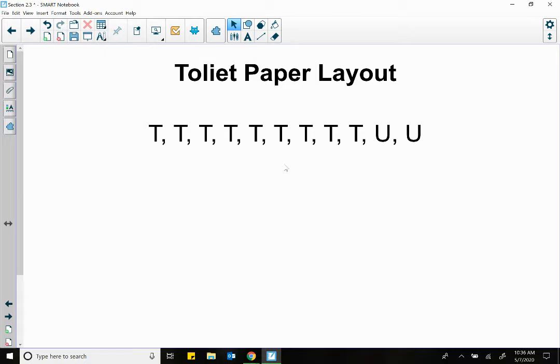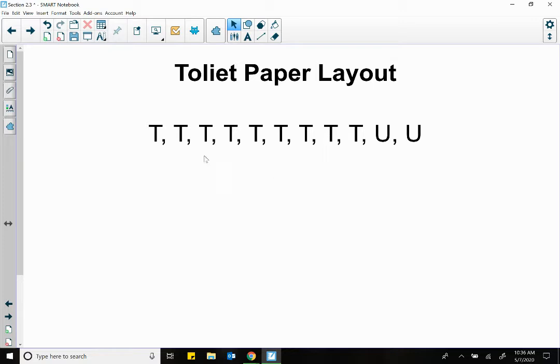Do you like the toilet paper to come over the top of the roll, or do you like the toilet paper to dispense itself underneath the roll? Okay. So this is our data, and we had 9 that said over the top and 2 that said under. That's their preference.